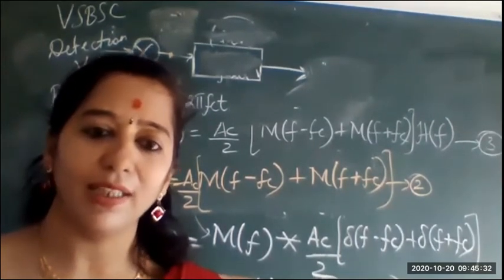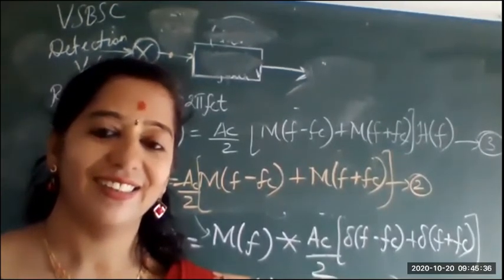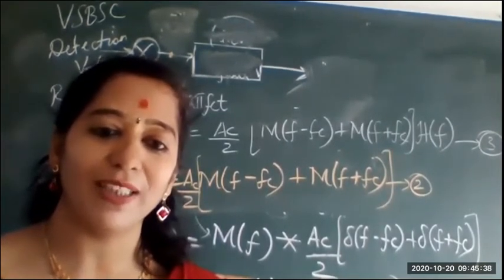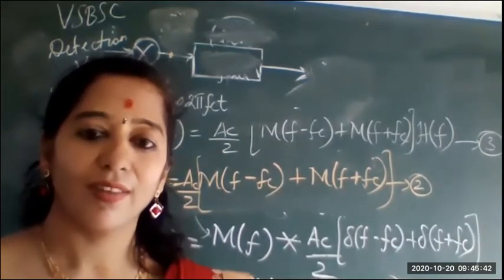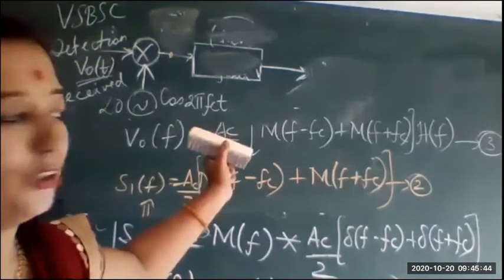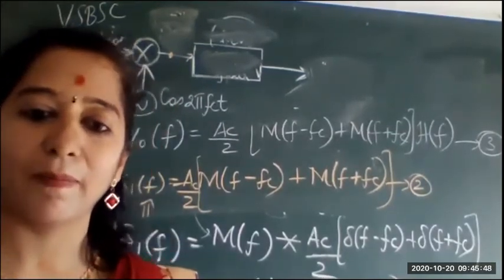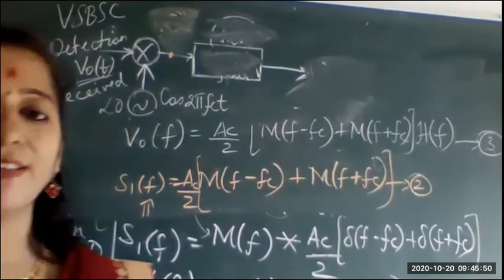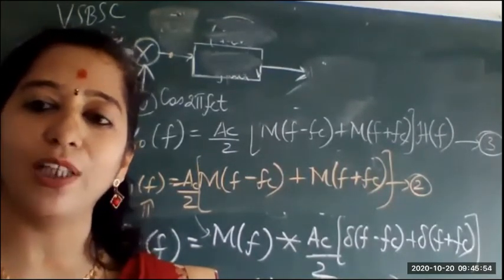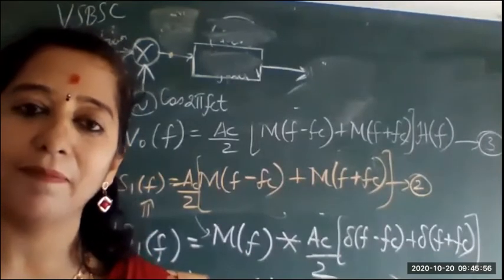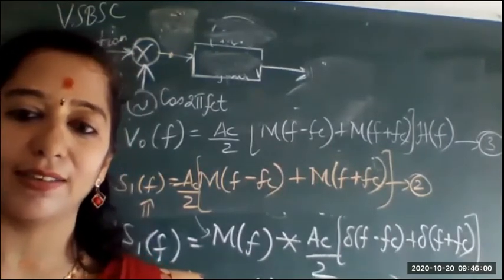Please answer something. Are you people there? You can only let us know whether you are there and listening when you answer. Which filter should I use in a coherent detector? A low pass filter. Again, only 2 to 3 people keep answering. If you don't answer, no attendance.